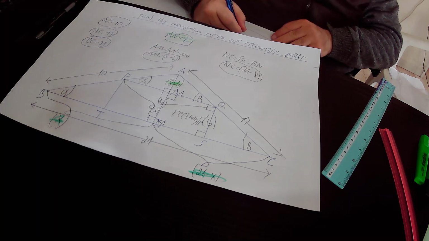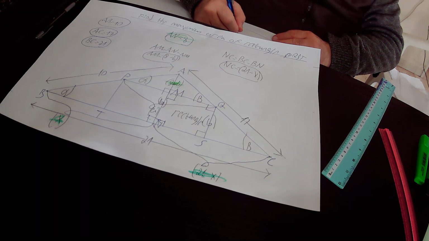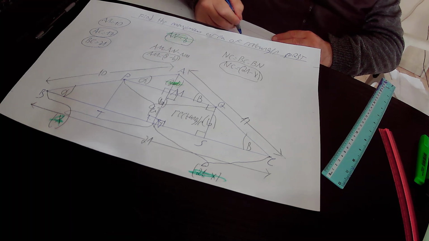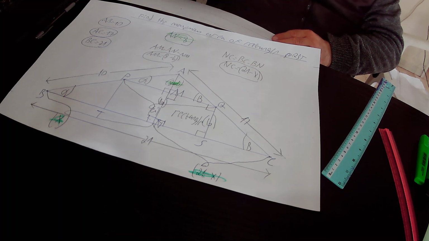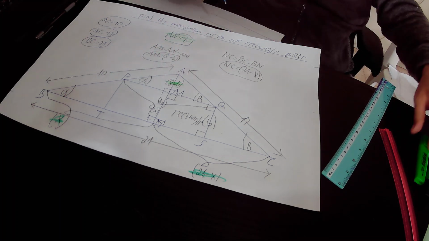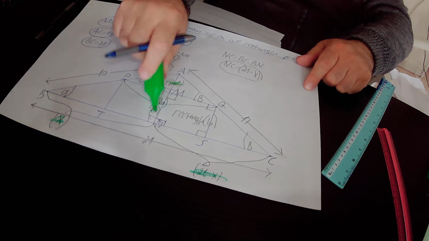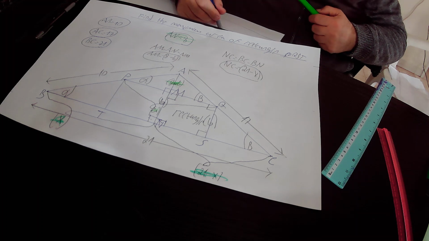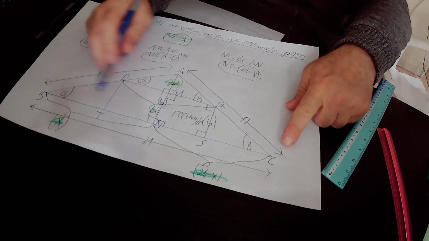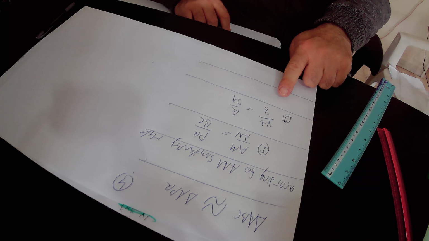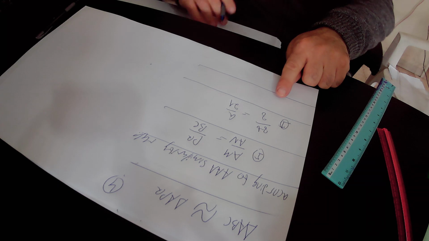AM equals 8 minus B over AN equals 8, and it must be equal to PQ, which is A, over BC equals 21. So actually, according to equation 1, we found out that 8 minus B over 8 equals A over 21.